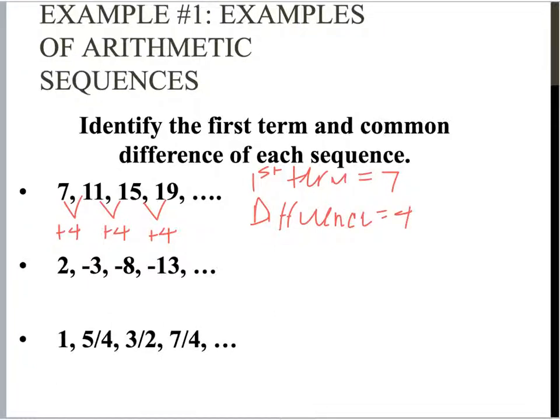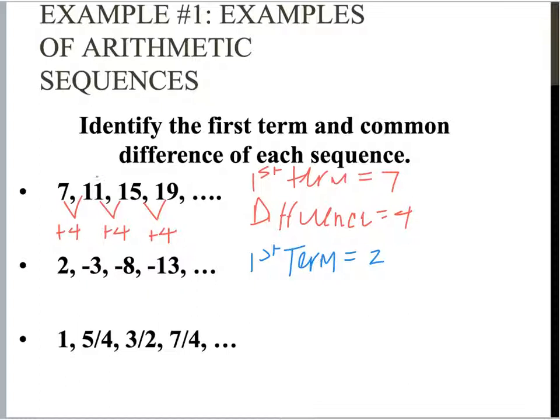On the second one, the first term is 2. And then the common difference is, well, think about it. On the last one, we're pretty good at addition, but when you start dealing with negatives, we actually need to understand why we got plus 4. So how do we get plus 4?